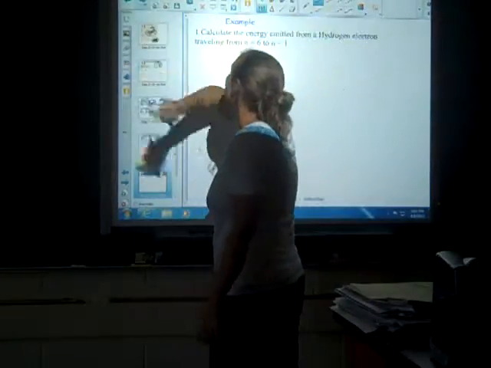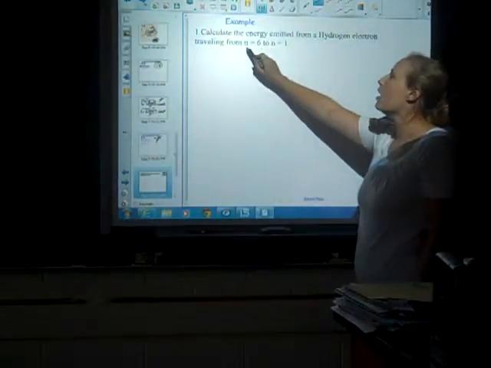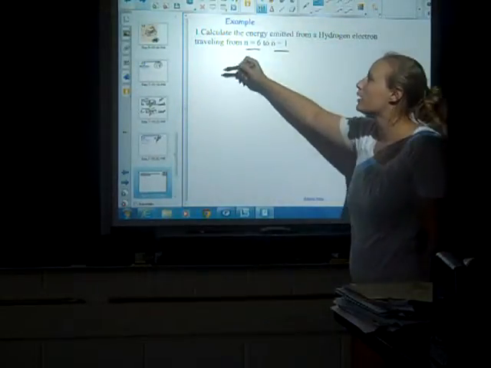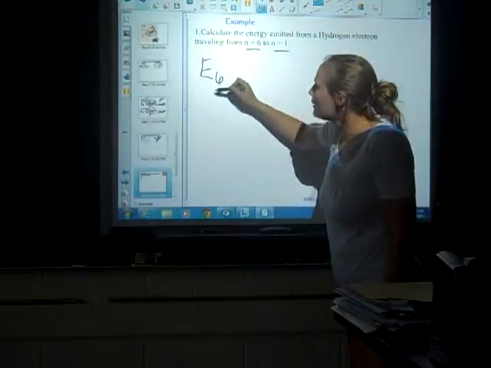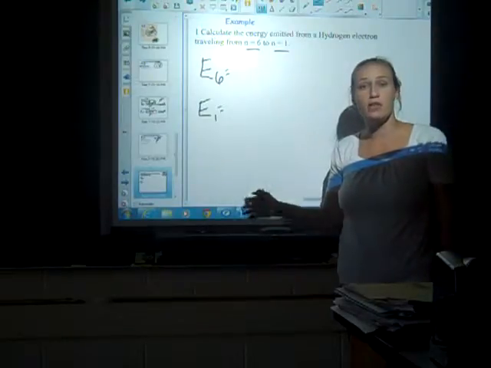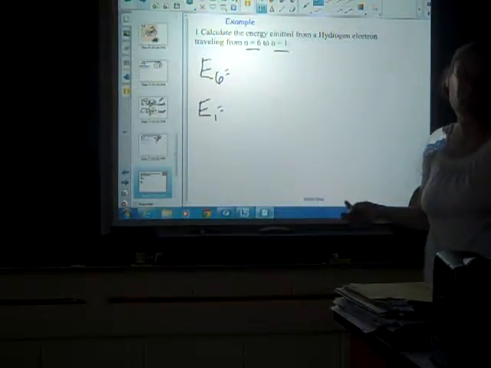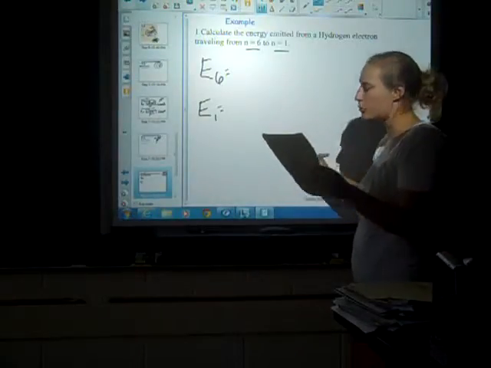So if I go back, what if my electron is traveling from n equals 6 to n equals 1? Well, if you recall, we just calculated how much energy an electron possesses in the 6th energy level, the 6th step, or in the 1st energy level, the 1st step. I'm just going to recopy those down from our notes previously.